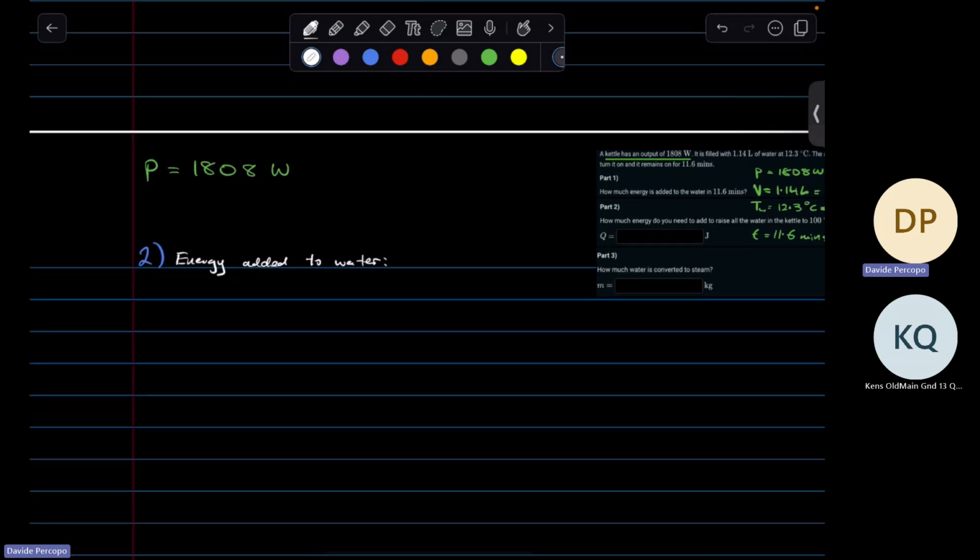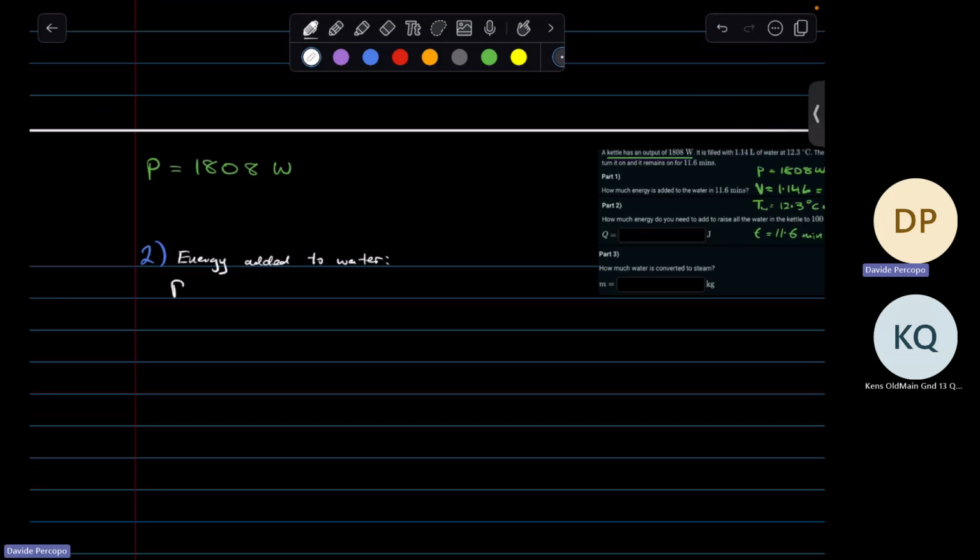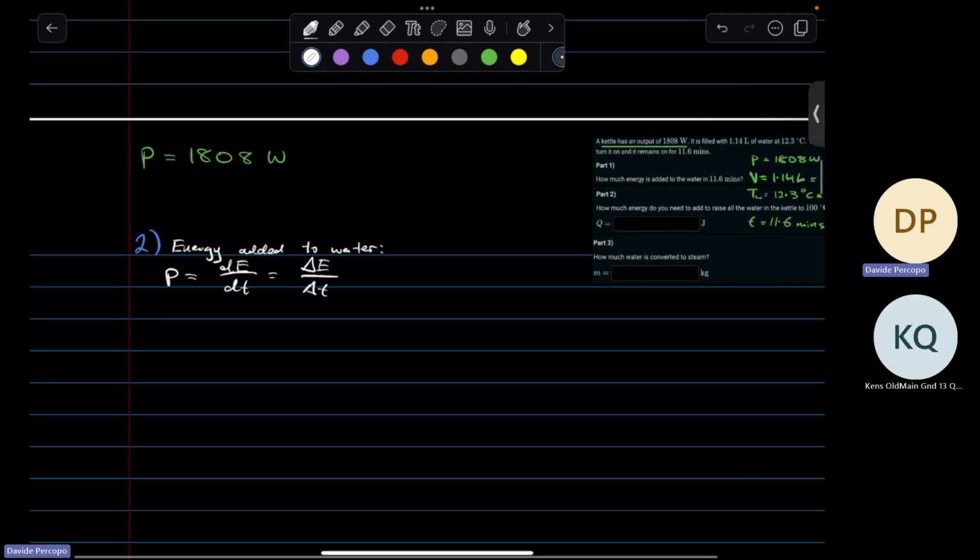Now we know that power is the derivative of energy with respect to time. It's basically saying how many joules do I output per second. That's essentially what power is. Some people like to write it like this, some people like to write it like this. In this question, the second one is probably a bit more useful because power is a constant. You can either do the integral way, but P's constant so it doesn't really matter.